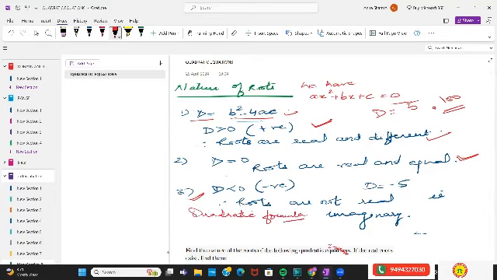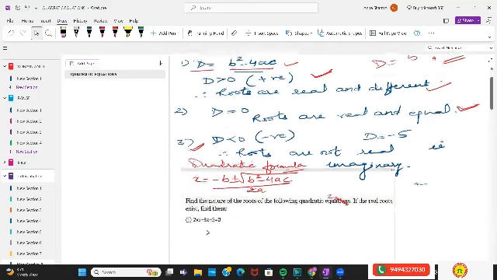You can apply this formula in case of existence of roots only. So it will be x is equal to minus b plus minus under root b square minus 4ac upon 2a. Clear?